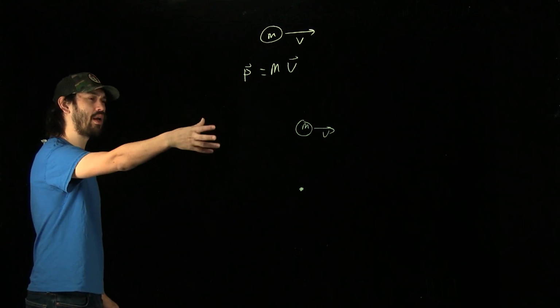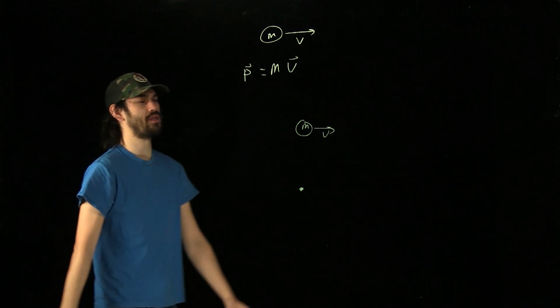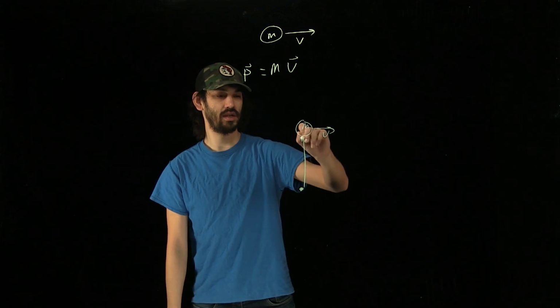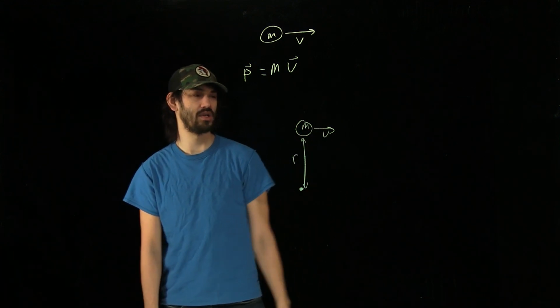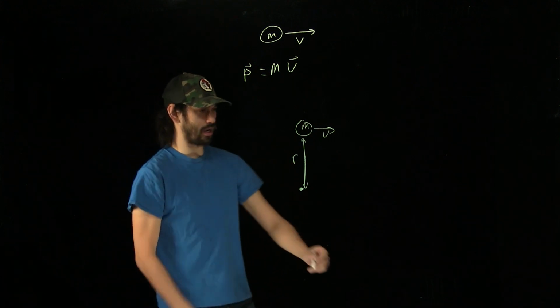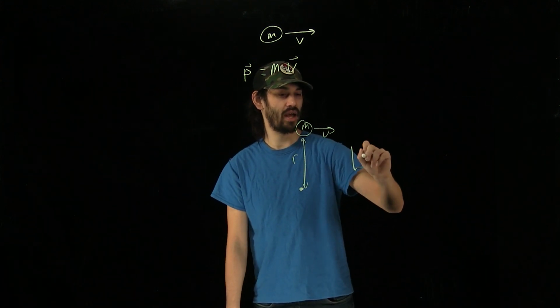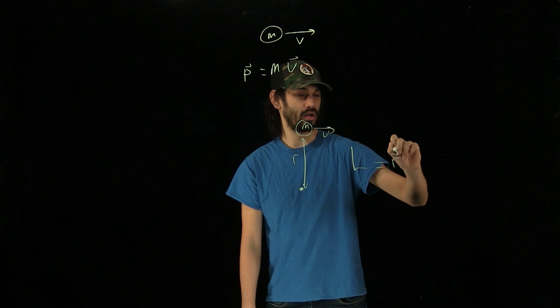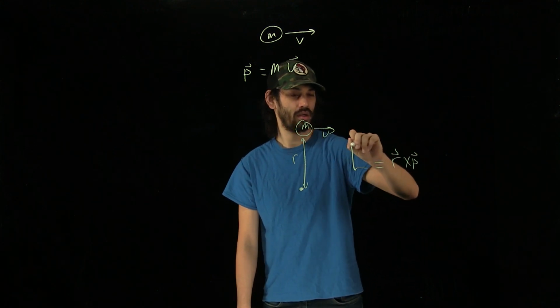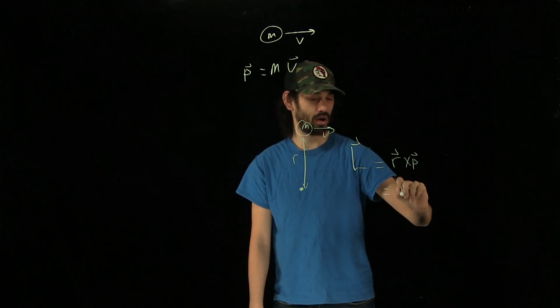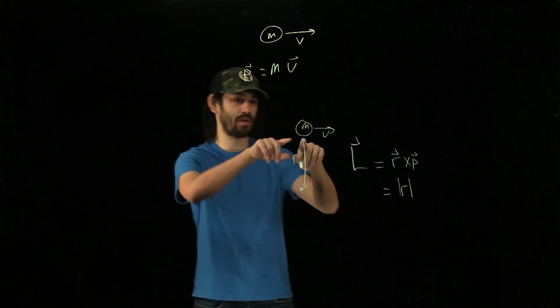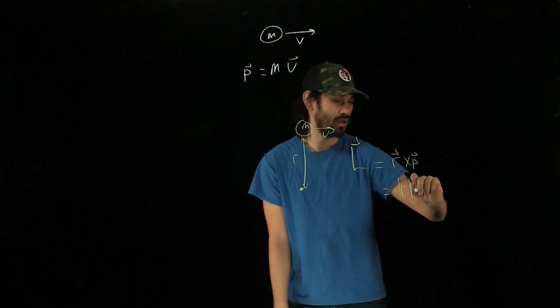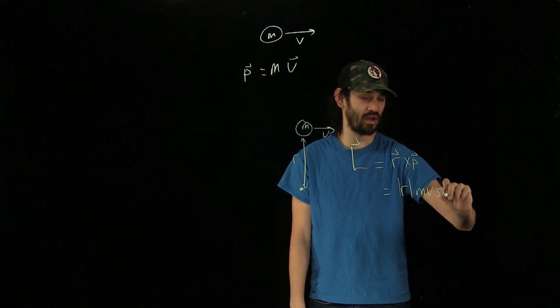When I talk about angular momentum, I care that this is some distance away from this center here. If I say that this is some distance r, then when I describe my angular momentum, L is going to be equal to r cross p, which is the magnitude of r times the magnitude of p, which in this case is mv, times the sine of the angle between them.